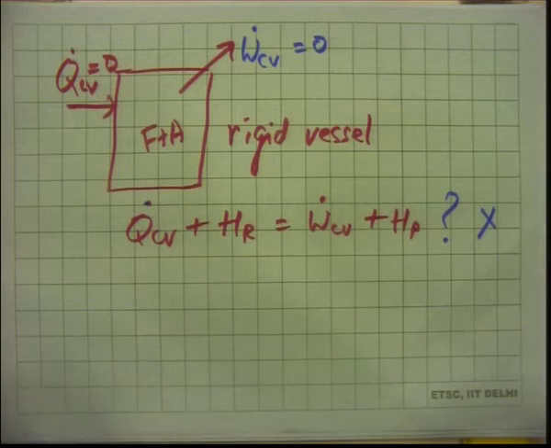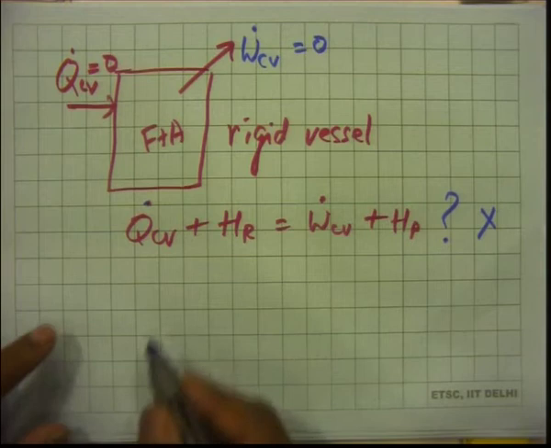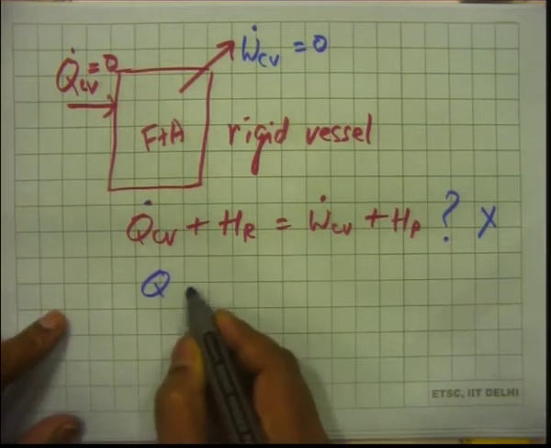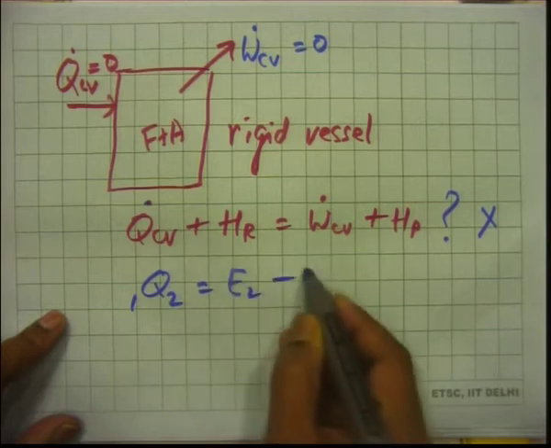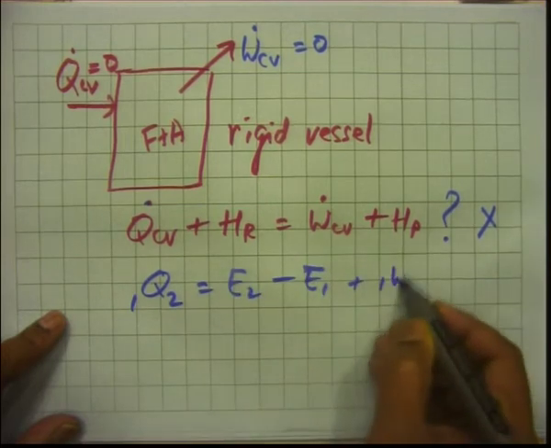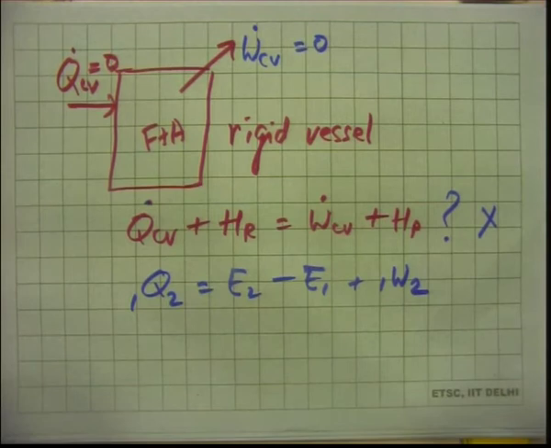So what is the first law in this case? Again, go back to thermodynamics, first law for a closed system, what do we write? So there is a Q that we write. So 1Q2 is U2 minus U1 plus 1W2, something like that.